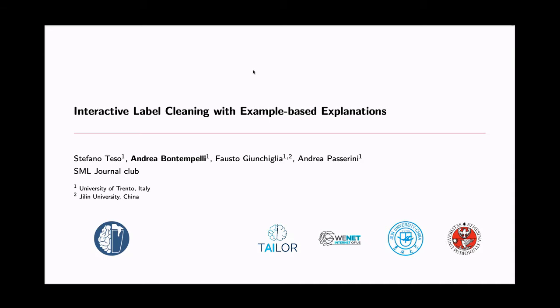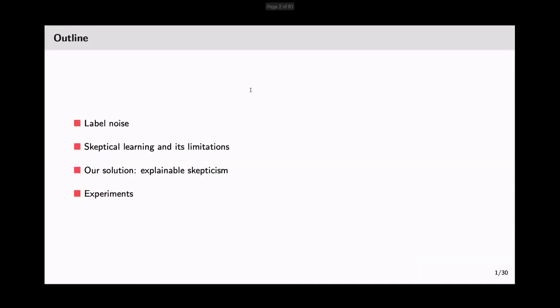Today I'm going to present one of our recent works, which is interactive label cleaning with example-based explanation. This is a joint work with Stefano Teso, Fausto Giunchiglia, and Andrea Passerini. I will start by introducing label noise and what this means, why we have this problem.